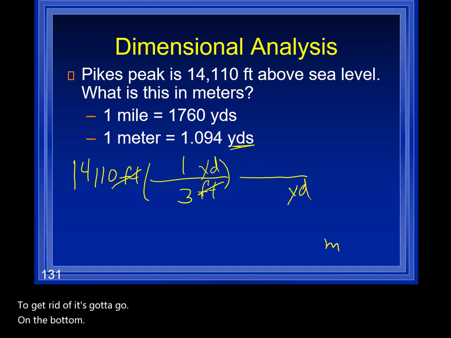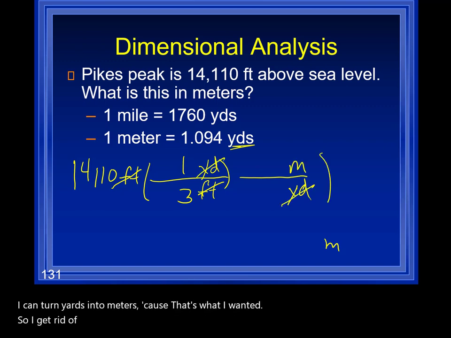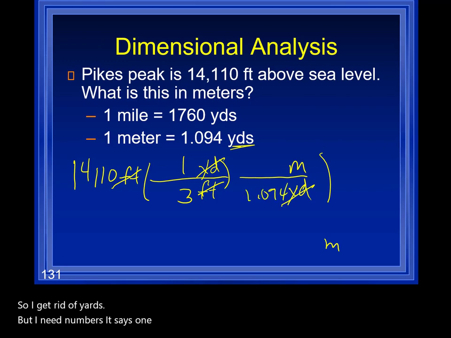What can I turn yards into? Well, I can turn yards into meters because that's what I wanted. So I get rid of yards. But I need numbers. It says 1.094 yards is 1 meter. So now I got the unit I want. So I probably set the problem up right as long as I copied numbers okay. Now I just have to push buttons.